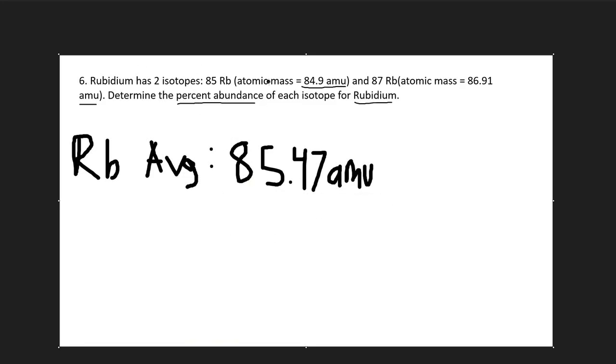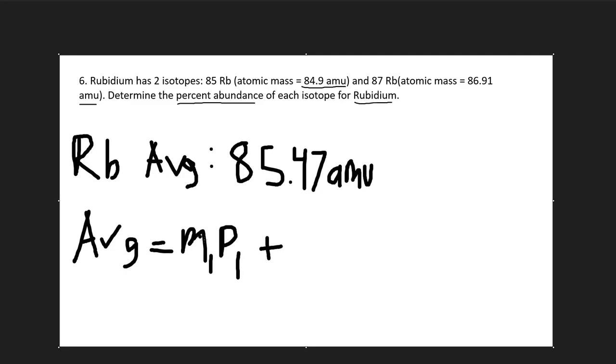So if we want to know what percent both of these fall into, we can use this equation, which is: the average atomic mass equals the mass of the first isotope times the percent abundance of the first isotope, plus the mass of the second isotope times the percent abundance of the second isotope.